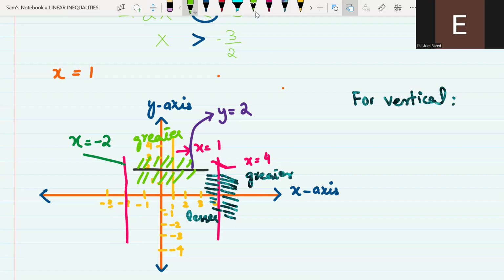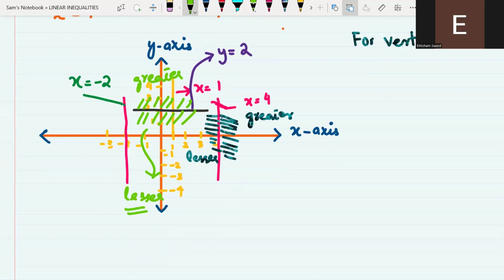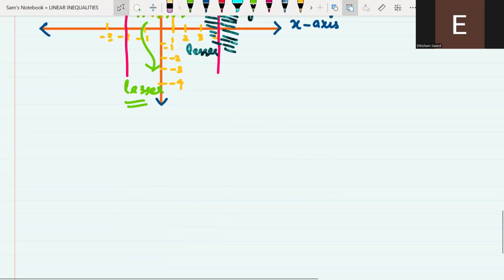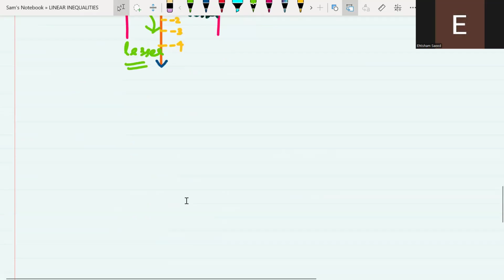Is this point clear? Understood? Yes, sir. So basically, this is how we can solve any inequality. For instance, if you are having a shading question, for example, I'm plotting this graph again.